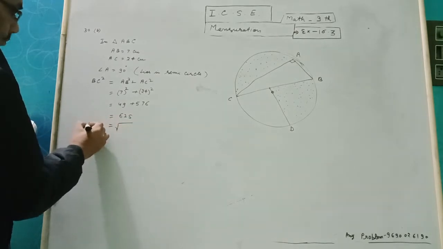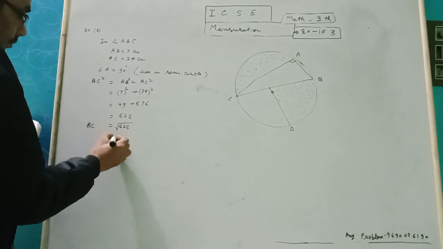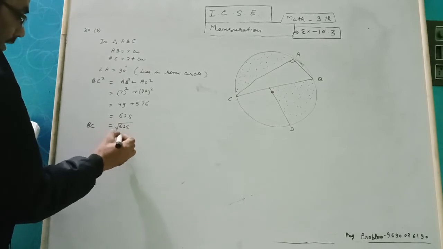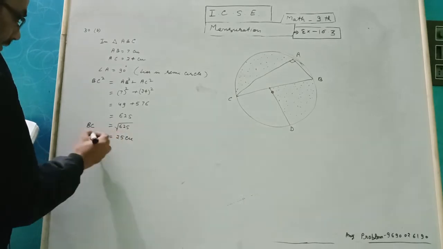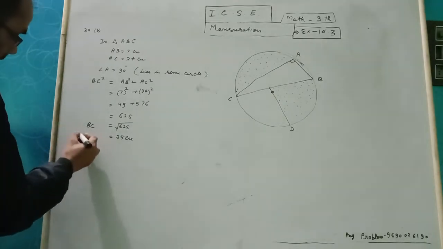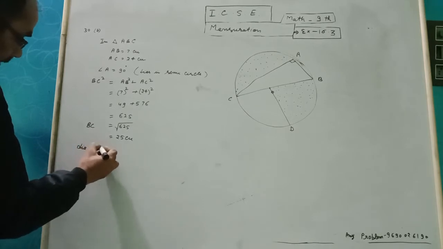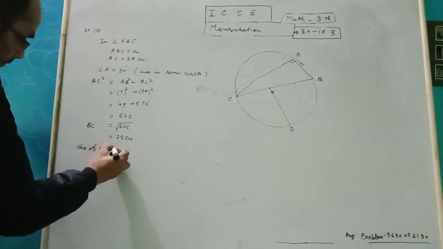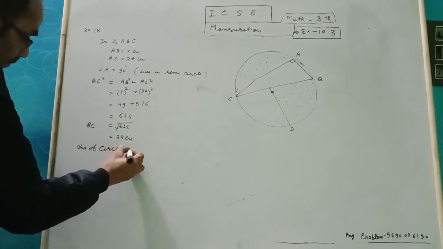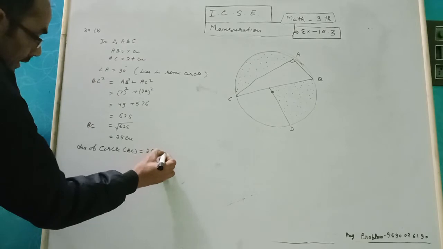BC is equal to under root 625, which is 25 cm. BC is the diameter of the circle, BC is equal to 25 centimeter.